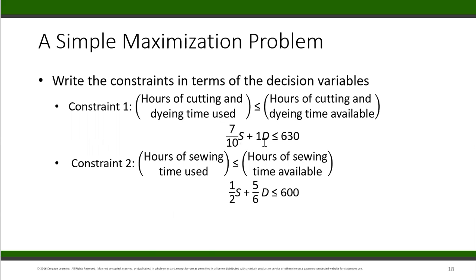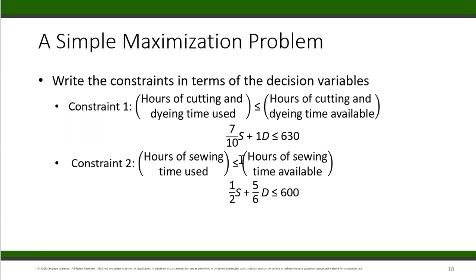And then for each deluxe bag, we needed 1 hour of cutting and dyeing, right? So now 7/10 times S plus 1 times D is the total time that you need for producing S units of standard bags and D units of deluxe bags. And that should be less than or equal to the total amount of time available from the cutting and dyeing department, which is 630. So that way you can define constraint 1, the constraint for cutting and dyeing.